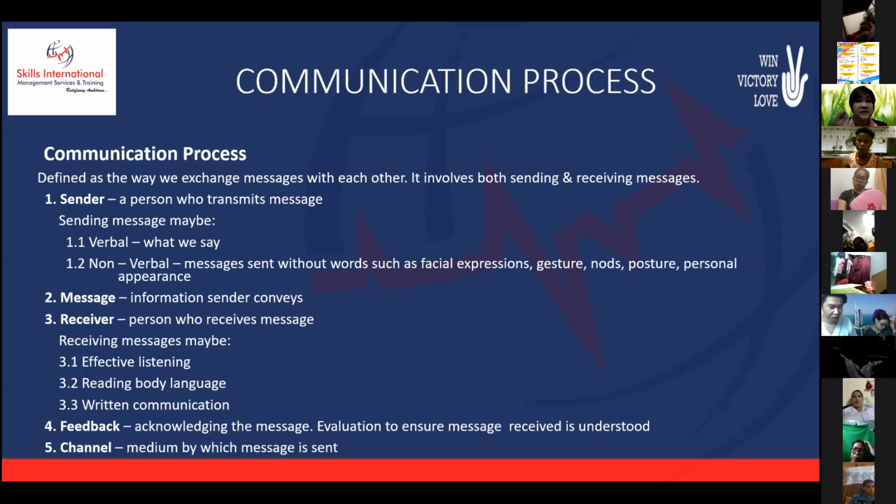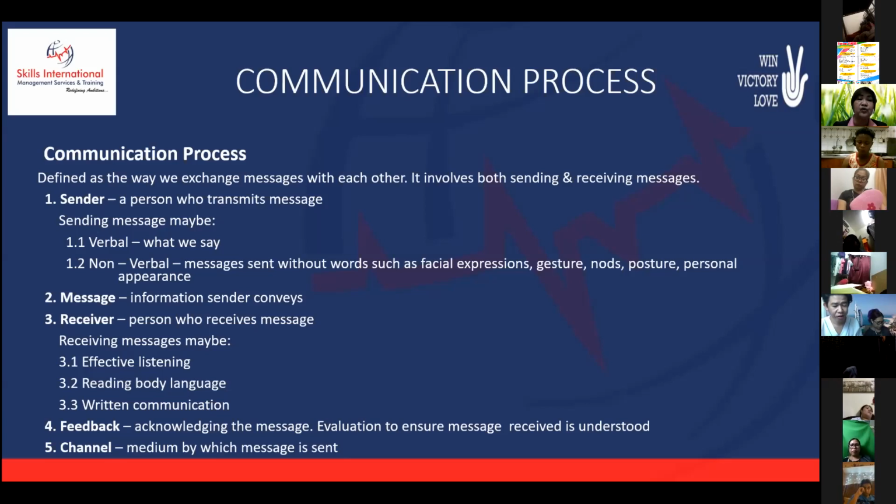So when we pass a message, we are sure that there is someone across. In receiving messages, we have effective listening, so the person opposite us must be a listener. She or he has to listen effectively.